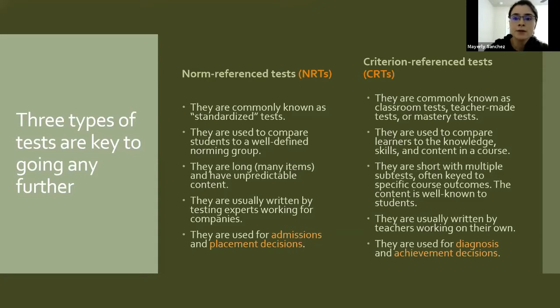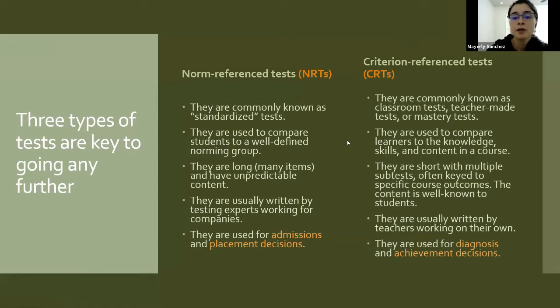The second, maybe you're more familiar with it because you have created them, or you have discussed them with your co-workers, are criterion reference tests. These are also known as classroom tests, teacher-made tests, or mastery tests. Those are the ones you make on a regular basis to test your students.